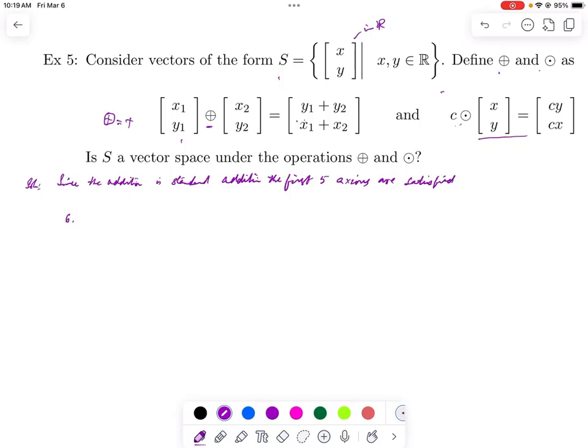We are going to check if c times xy is in the vector space. Let c times xy equal cy, cx.